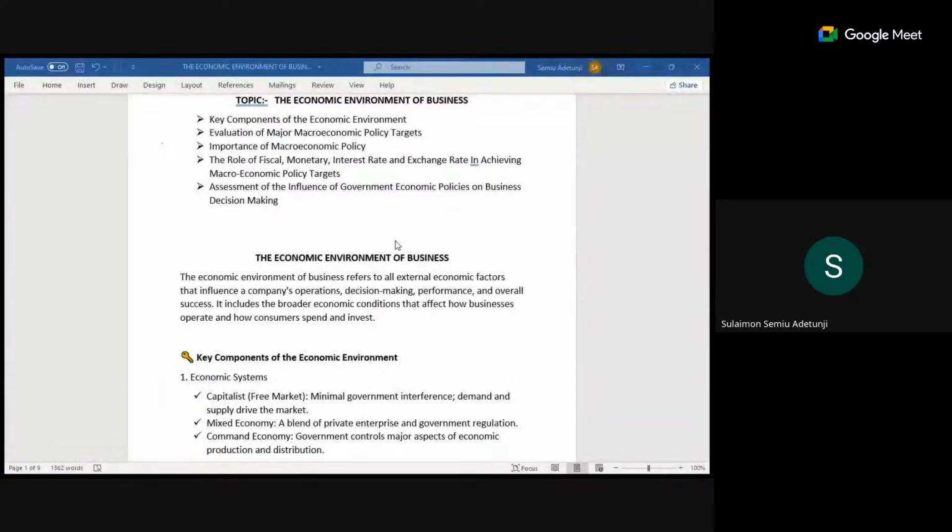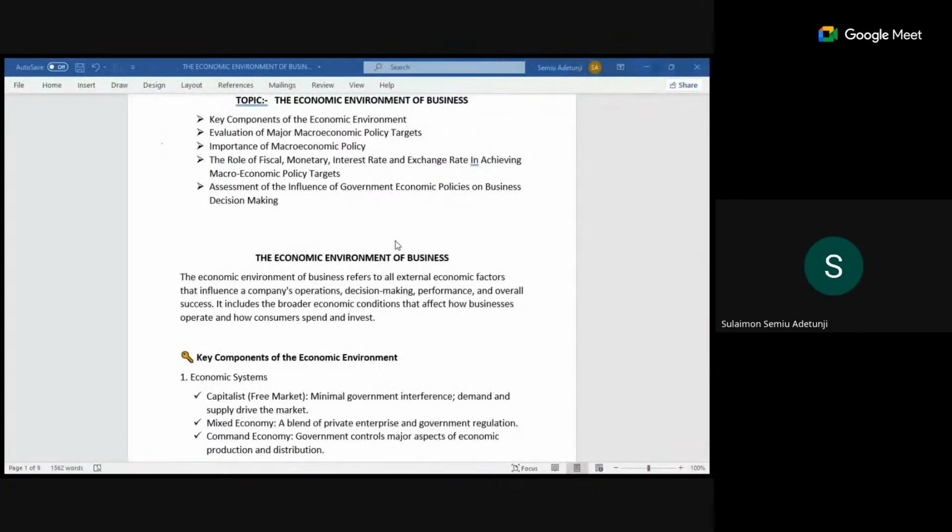Another thing they do in monetary policy is determine the credit rate at which the CBN is lending to commercial banks. For instance, if the CBN says interest rate should be 20%, I'm very sure no bank will offer a loan to their customer for less than that 20%.